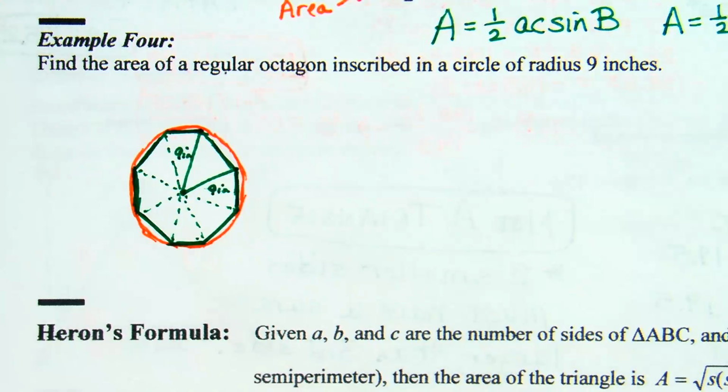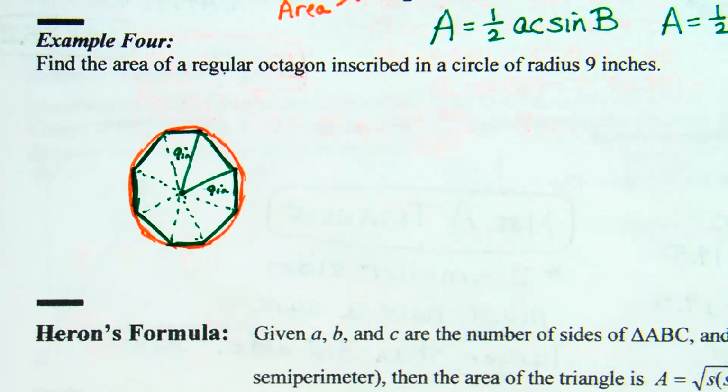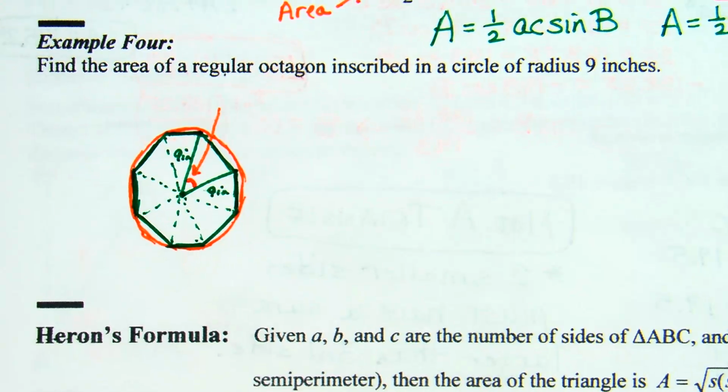And we know the angle at the center, because altogether it has 360 and we have 8 triangles. So right here, this angle in the middle. A circle is 360 degrees, right? 360 degrees divided by 8 is 45 degrees.